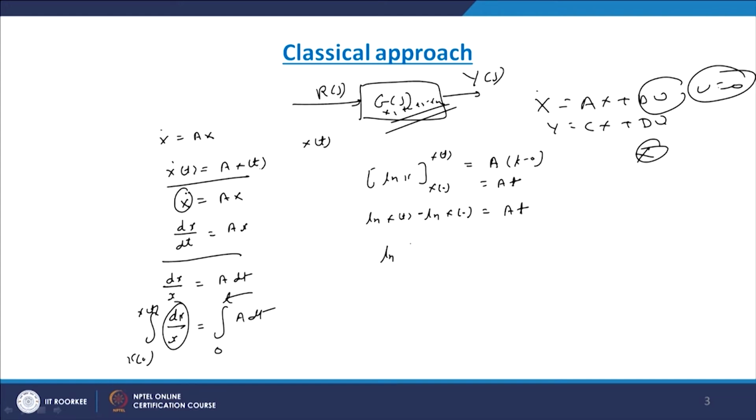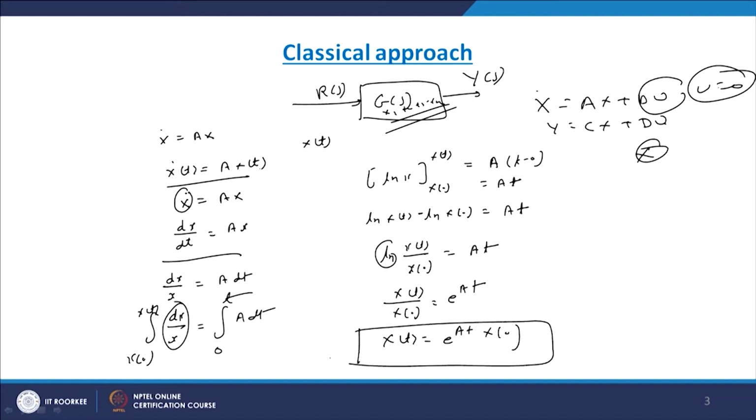So the logarithm of x of t divided by x of 0 equals A into t. This can be changed so that x of t equals x of 0 times e raised to At, that is, x of t equals e raised to At into x of 0. So how have we got it?